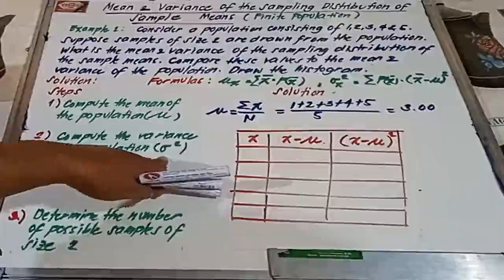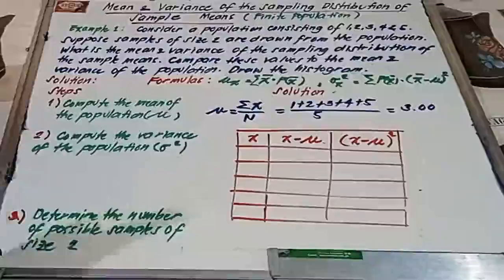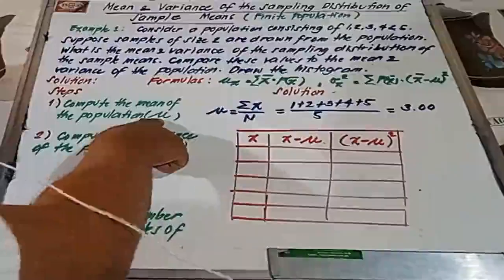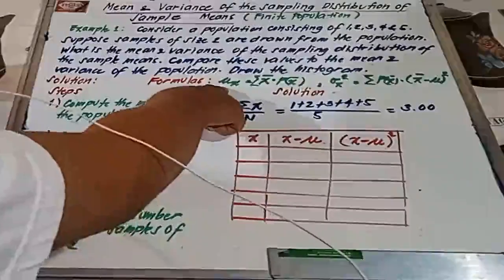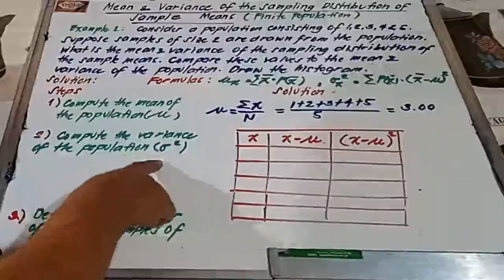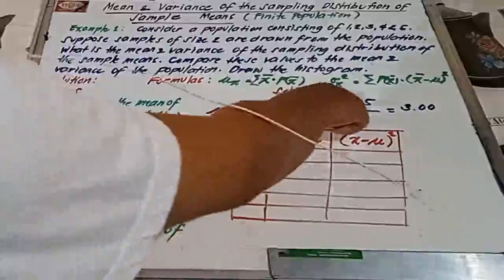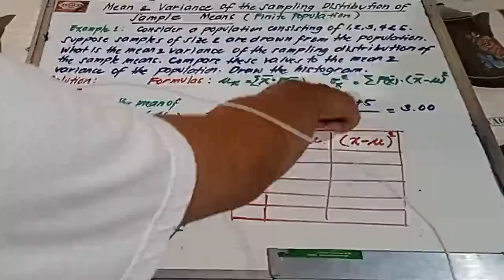Then the next step is you're going to compute the variance of the population. This is the notation that we're going to use. This is sigma squared. Okay? So may pagkakaiba ha. Ang population mean, mu, ang ating mean ng sampling distribution of the sample means is mu sub x. Variance ng population, sigma squared, variance ng sampling distribution of sample means is sigma squared sub x.